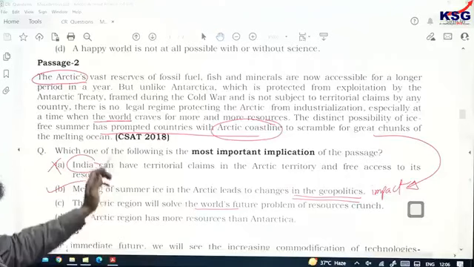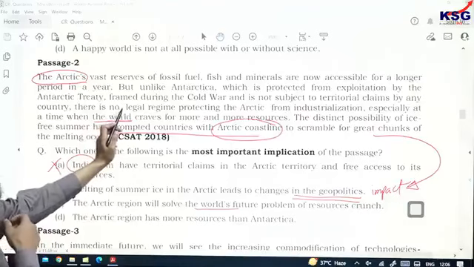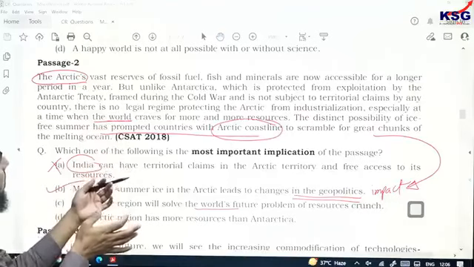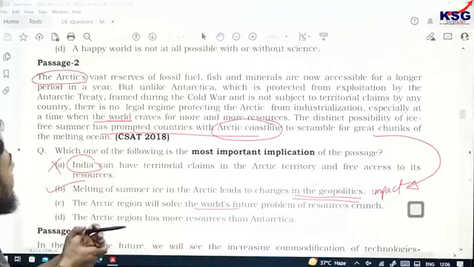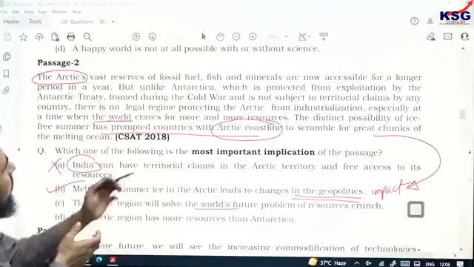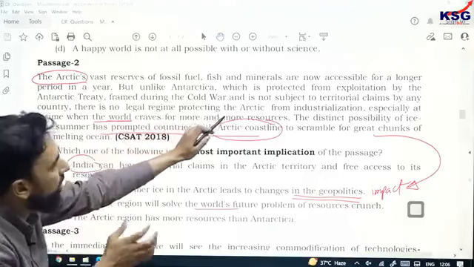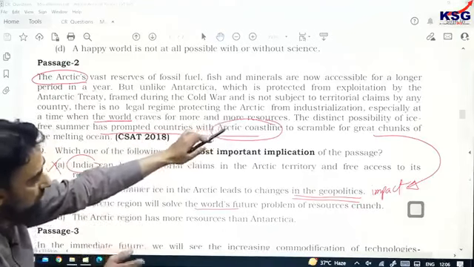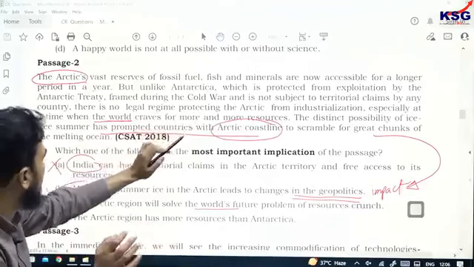Author says, when he talks about the treaty, that actually this Arctic region is not safeguarded by any treaty like Antarctica. He mentions there the Cold War ends, not subject to territorial claims by any country. There is no legal regime protecting the Arctic from industrialization, especially at a time when the world craves for more and more resources.